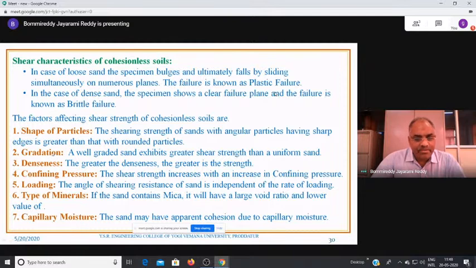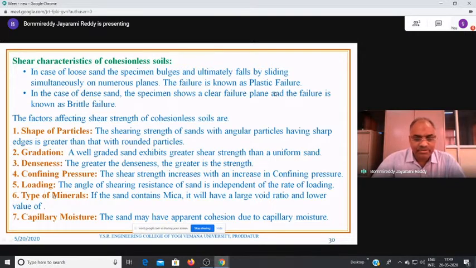Well-graded soil always gives more shearing resistance, and similarly density: a more dense soil has greater strength. Confining pressure: when the confining pressure is more, shear strength is more. And loading: normally it is independent of the loading, whatever the load may be, it does not affect shear strength.